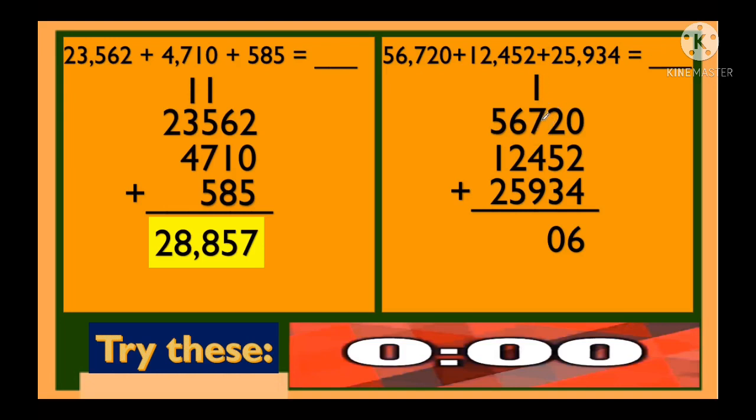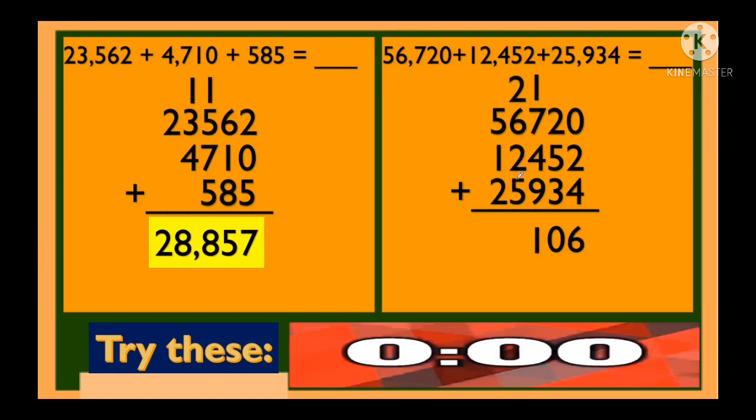1 plus 7? 8. 8 plus 4? 12. Very good. 12 plus 9. What is 12 plus 9? 21. Good job. So I will put 1 here and then 2 on the upper part of 6. 2 plus 6? 8. Very good. 8 plus 2? 10.